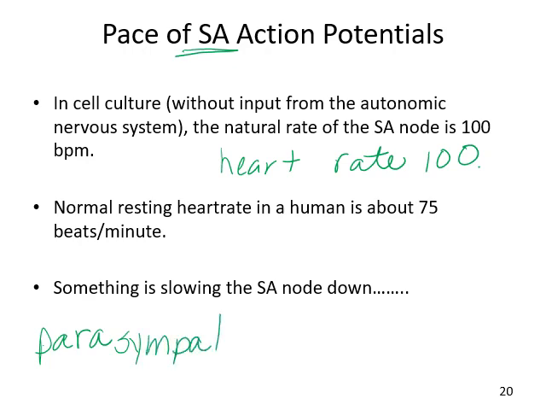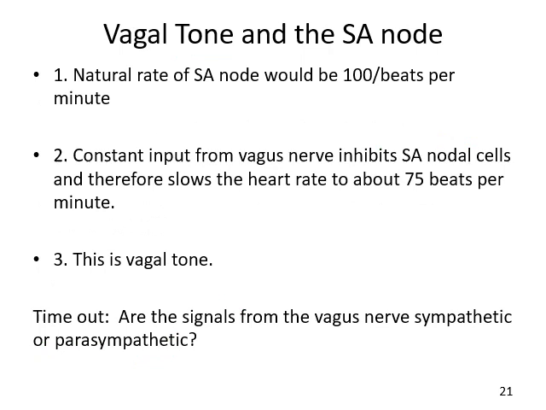So even though our little SA node is autorhythmic, it can depolarize all by itself, it's getting signals from the parasympathetic nervous system that slow it down. And parasympathetic signals, remember, get to the heart through a certain nerve. And so let's take a minute and see if we remember which nerve. So hopefully you remembered that the vagus nerve carries parasympathetic signals to the heart.